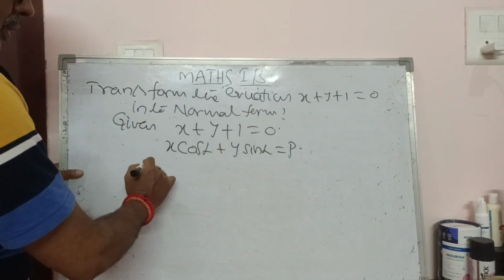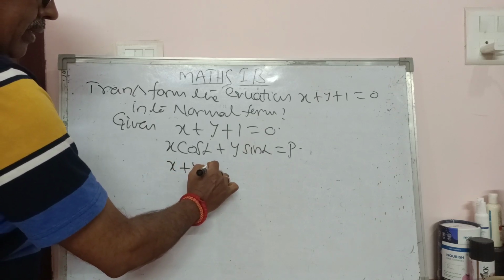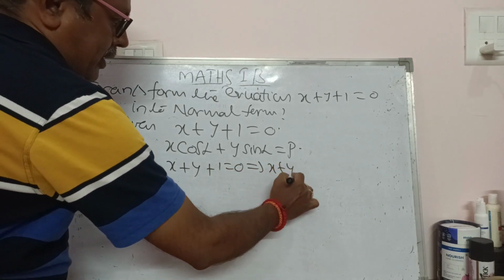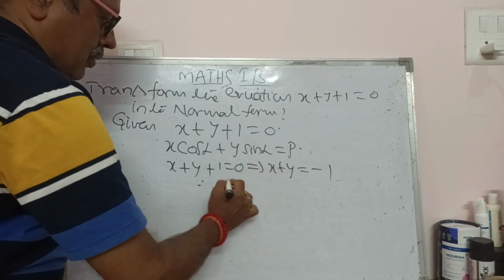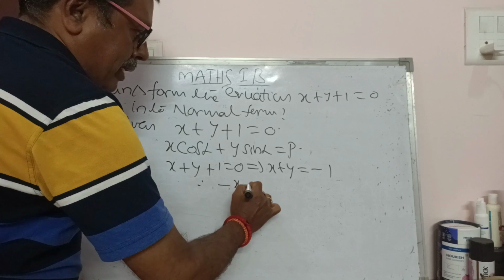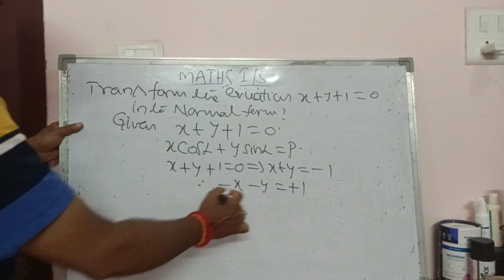Therefore, x plus y plus 1 is equal to 0. This implies x plus y is equal to, let us bring this 1 to the right side, minus 1. So, let us multiply the entire equation by minus 1 on both sides. Minus x minus y is equal to minus into minus 1, plus 1.